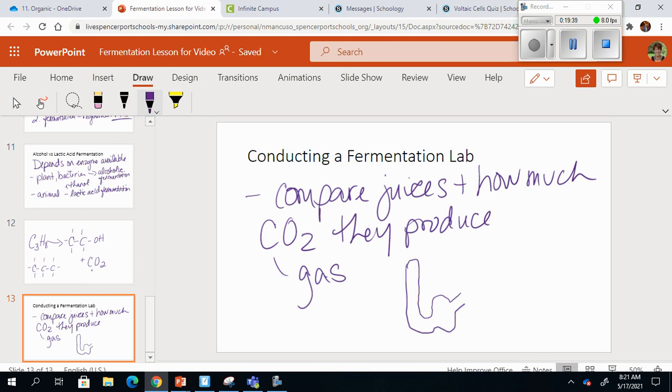So we're going to put our solution in here, and the solution will actually go up the tube. And then as it produces gas, we can measure the gas produced. All right, so we're going to be able to compare it by comparing how much gas they each make.